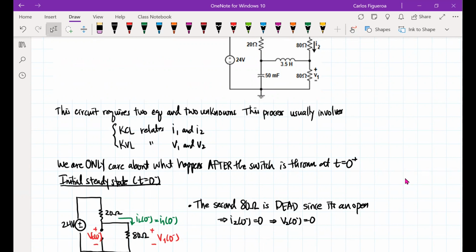So right away, I know what that voltage is.